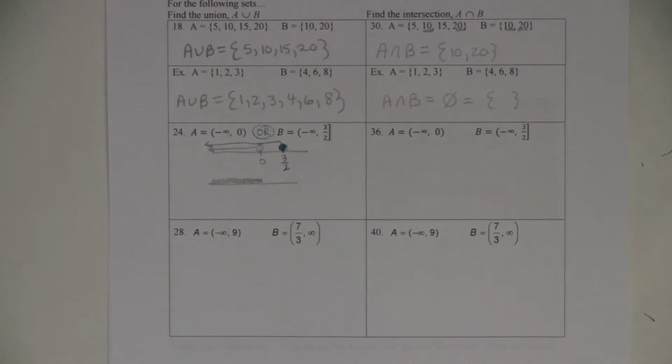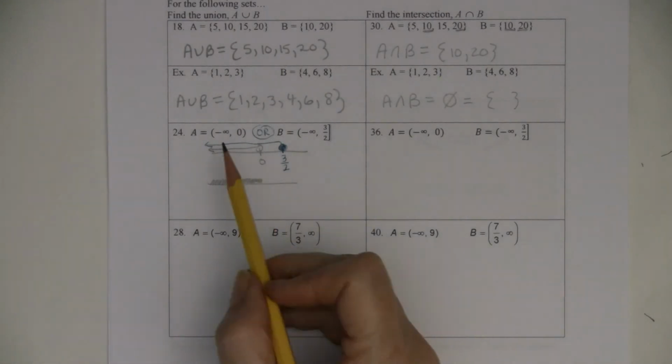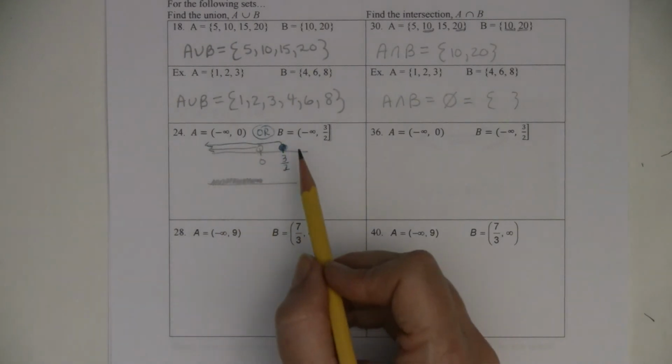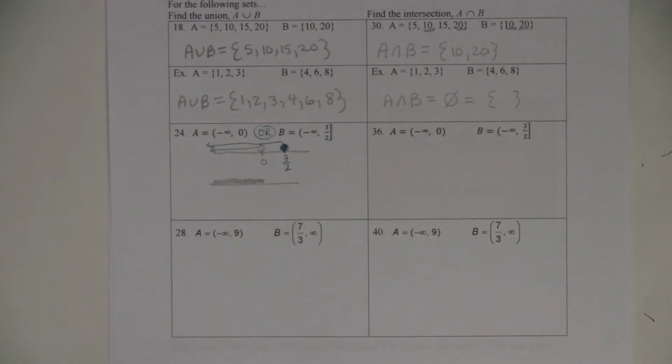I sometimes say, just as a joke, that it's like being invited to a party where 2 people are sending out the invites. A decided to invite the elements -infinity through 0. And B sent an invite to -infinity to 3/2. So 0 is only going to get one invitation to the party from B, but 0 still gets to go to the party.